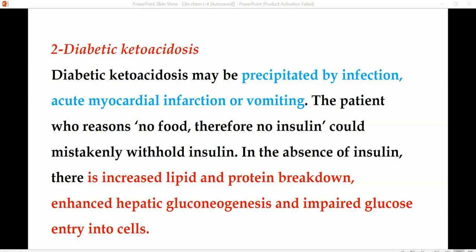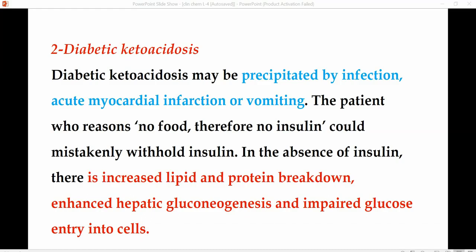In the type 1 diabetic patient, because of the lack of insulin, there would be no suppression of lipolysis, resulting in increased breakdown of lipids and proteins and enhanced hepatic gluconeogenesis, which further increase hyperglycemia.